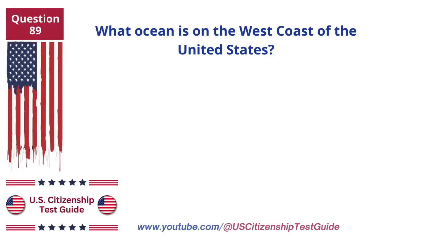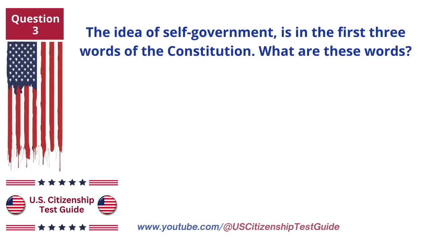What ocean is on the west coast of the United States? Pacific Ocean. The idea of self-government is in the first 3 words of the Constitution.